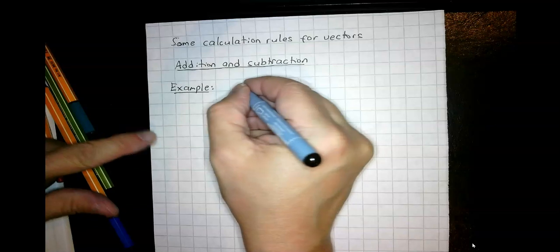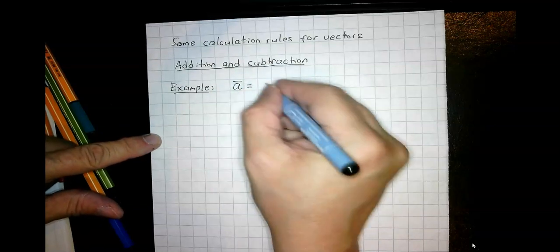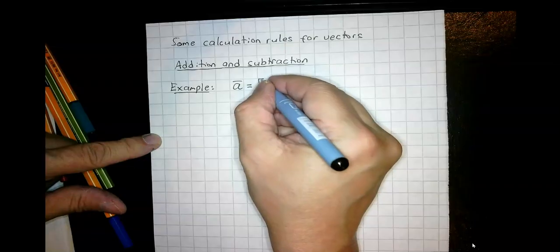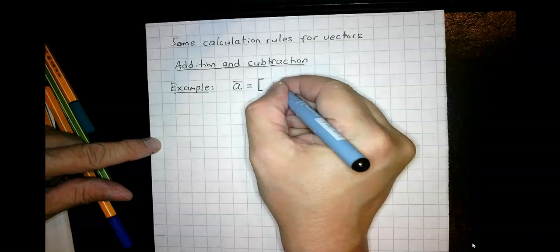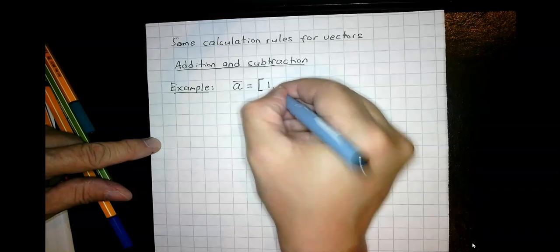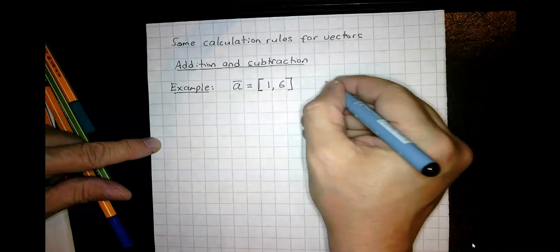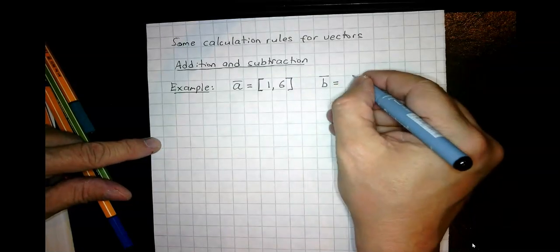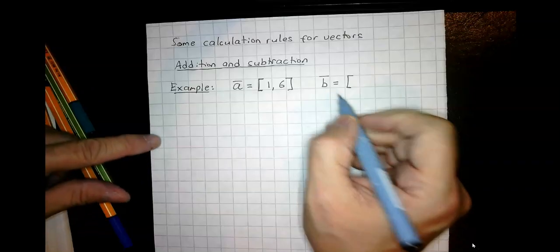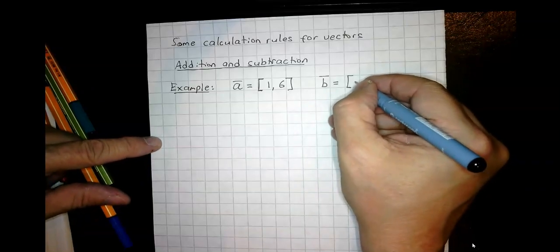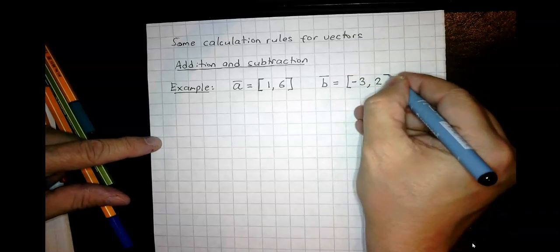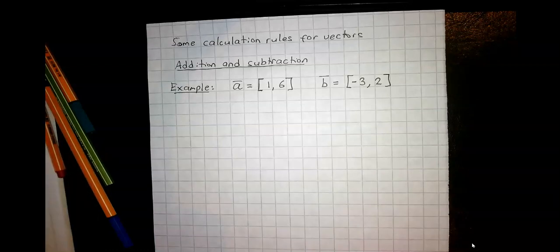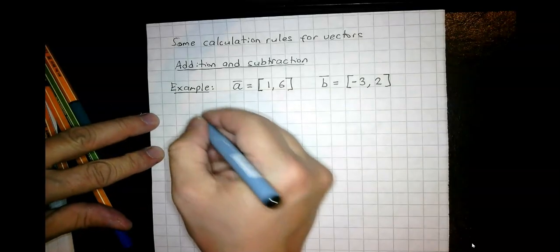For example, if we have vector A, which is, I will use this bracket notation, components 1, 6, and then another vector which is called B vector, and it has components -3 and let's take 2. And when we have to add those vectors, we just add them.